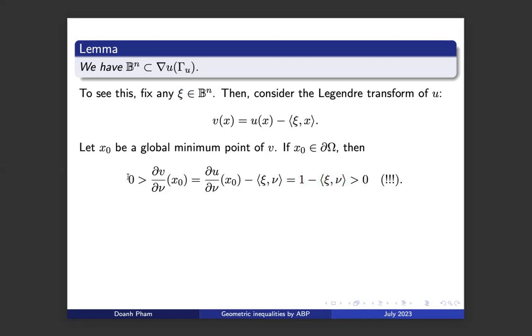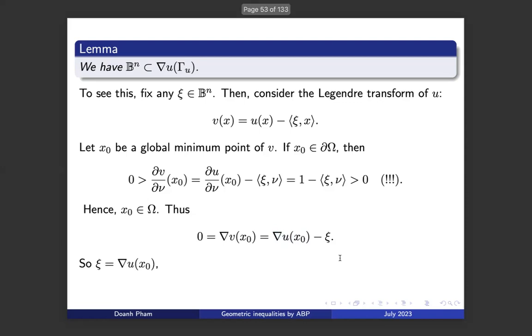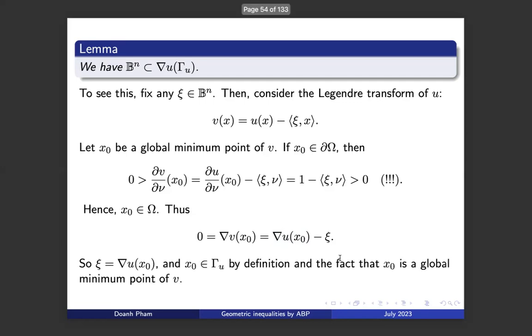So we have a contradiction. Therefore, the global minimum of V has to be inside omega. As an interior minimum, the gradient of V at X0 is 0, and that means psi is the same as the gradient of U at X0.